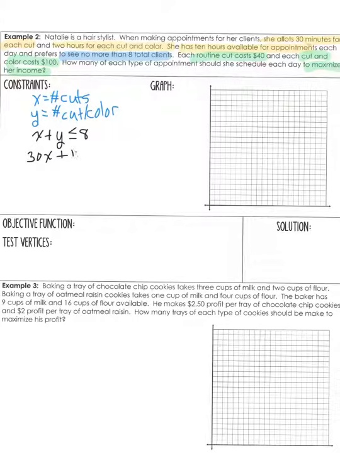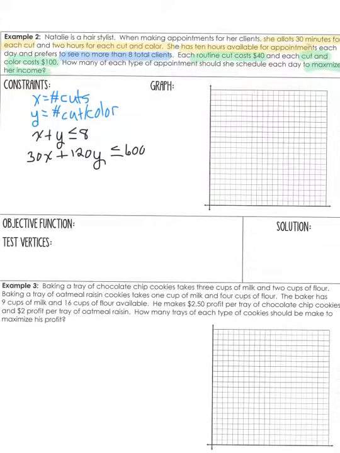So we have 120 minutes times every cut and color has to be less than or equal to, because she doesn't have any more time available, 10 hours. So 10 hours times 60 minutes per hour is going to be 600 minutes. So 600. Don't be afraid of the big numbers.